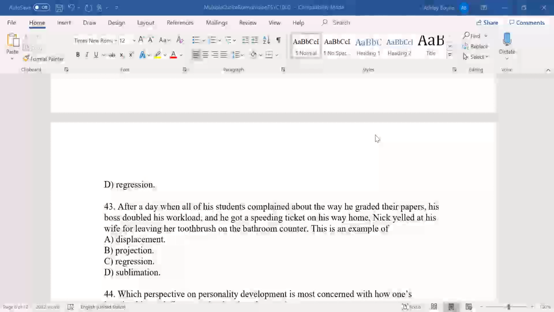Okay, so number 35, the primary purpose of the DSM. The primary purpose of the DSM-5 is to A, help psychologists assess only normal behavior, B, keep the number of diagnostic categories of mental disorders to a minimum, C, help psychological professionals diagnose psychological disorders, or D, describe the causes of common physiological disorders.